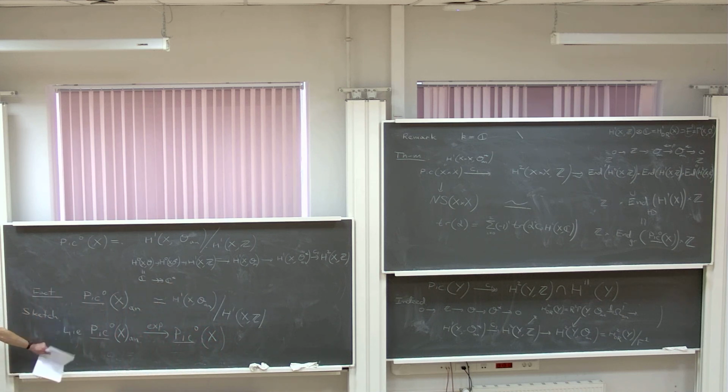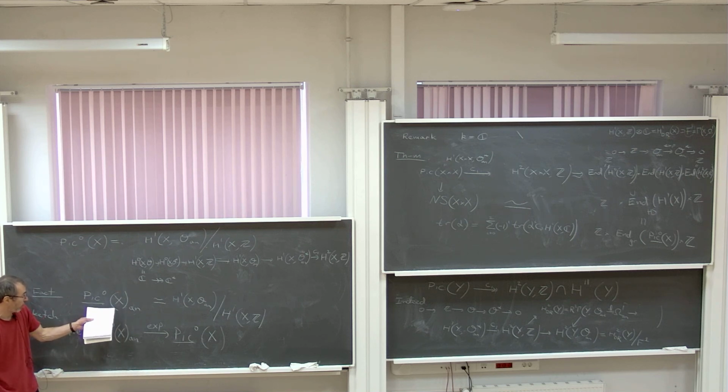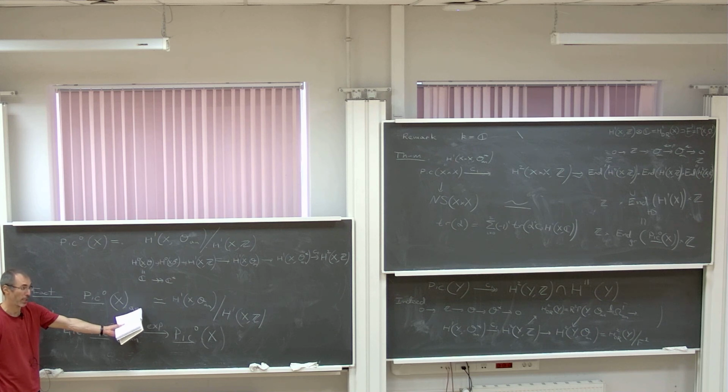What is the Lie algebra? Well, the Lie algebra of this analytic group is the same as the Lie algebra of the algebraic scheme, right? And we know that the tangent space to the Picard scheme is H1 with coefficients in the structure sheaf.